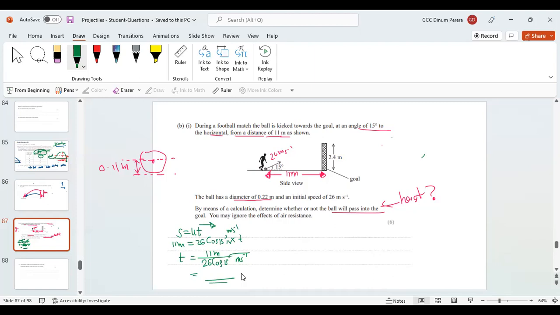This is not the first question that we do of this nature. So we have the time now. You can find the vertical height of the ball at this time. Use s equals ut plus half at squared to find the vertical displacement.